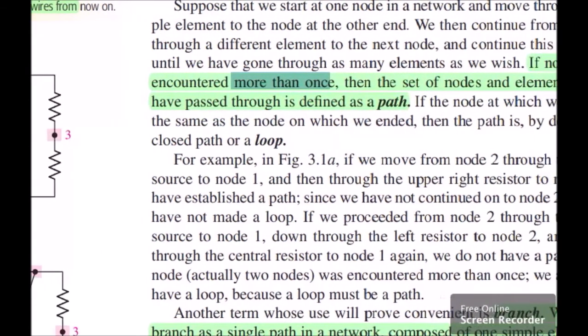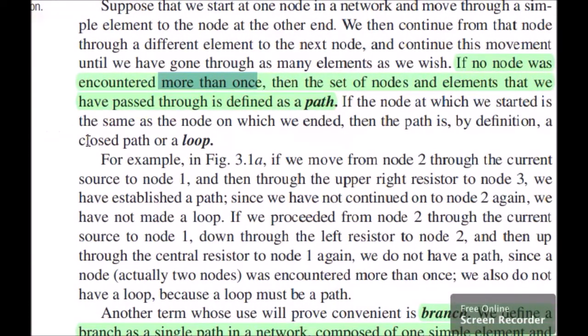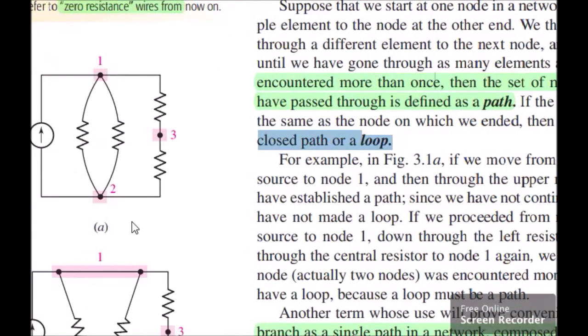Ang tawag mo doon ay closed path or loop. It's still a path, pero specifically it's a closed path because yung starting mo doon, dun yung ending mo. And it's also called a loop. Okay? Kung saan ka nagsimula, doon ka natapos, that is a loop.